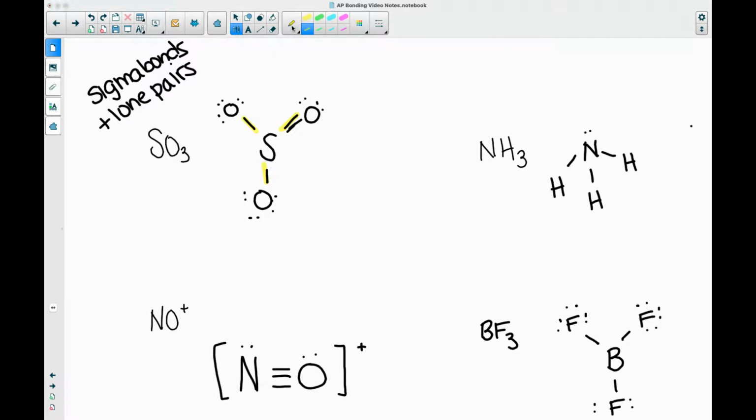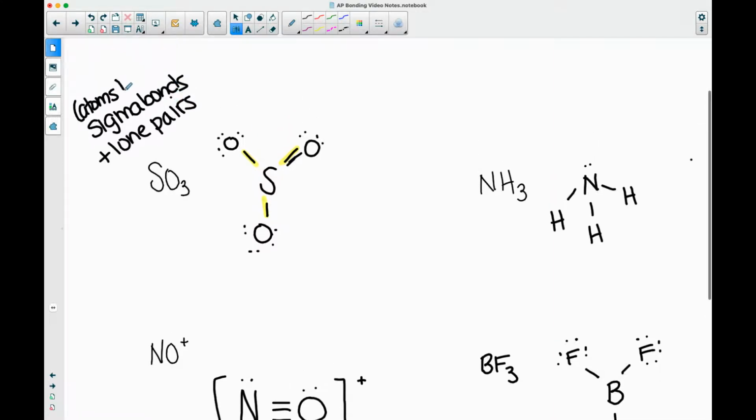Another way to get those sigma bonds is to count up the atoms bonded to the atom in question. So for SO3, if we're talking about the S, the steric number is 3 because it's 3 atoms bonded.